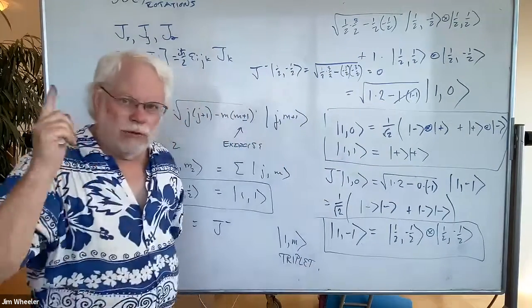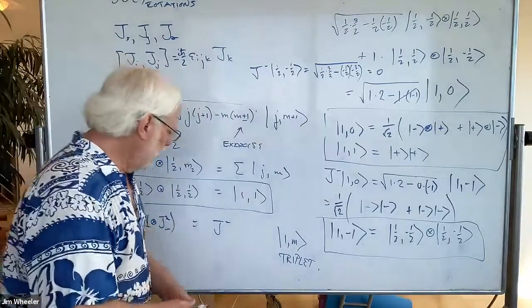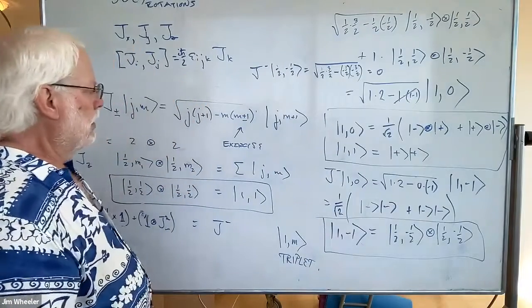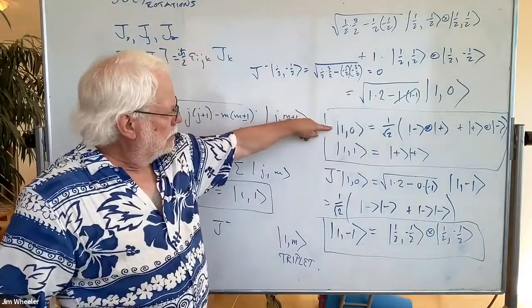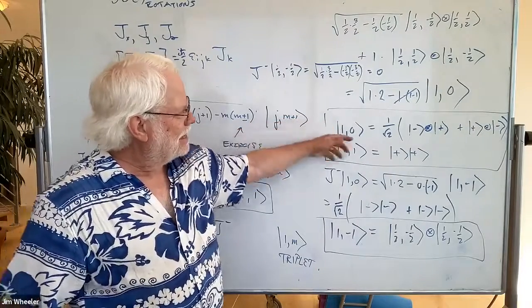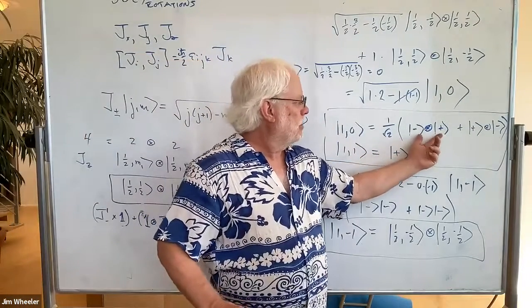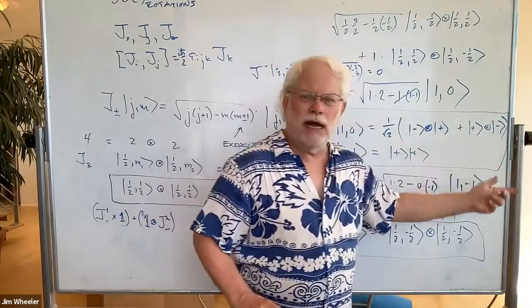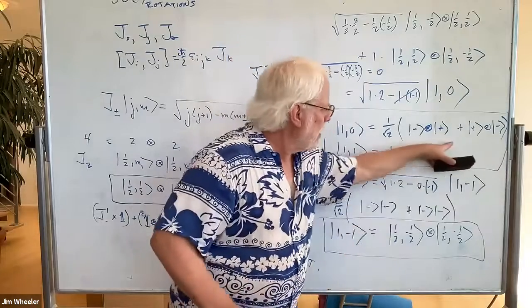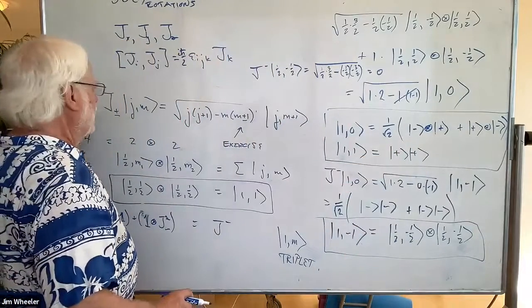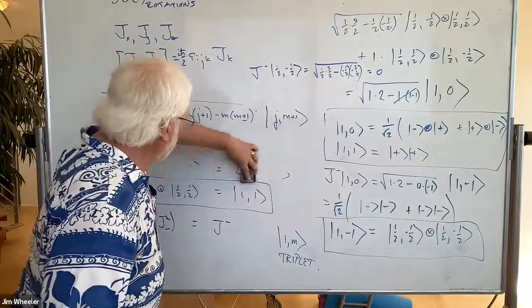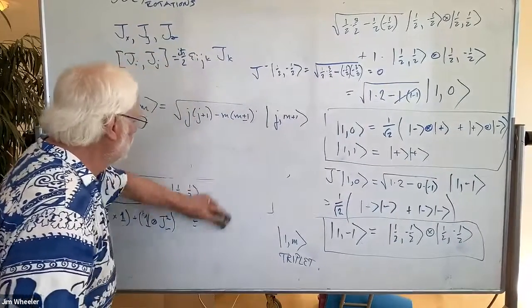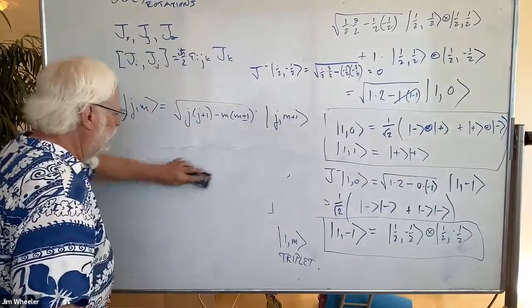Okay, there's 1 state missing, right? We know we have to get 4, but we also can see that the 1, 0 state is not the only thing you can make out of minus, plus, plus, plus, minus. There's a state orthogonal to that. And it's not difficult to write it out, to just see what it has to be.